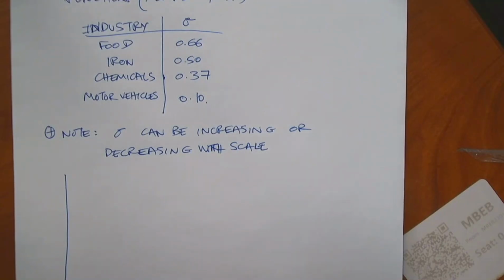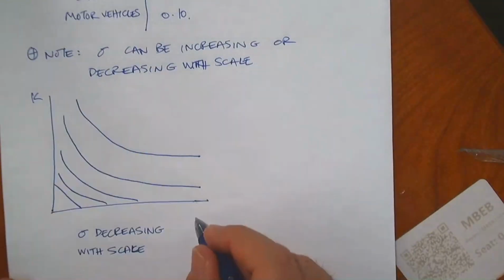By saying with, we mean that we're going to be looking at multiple isoquants, different levels of production. Sigma decreasing means it becomes more curved rather than flat all over, right? So let's say you start with a linear isoquant, and as you increase output, it starts to pick up some curve. Okay, so capital over here, labor over here.